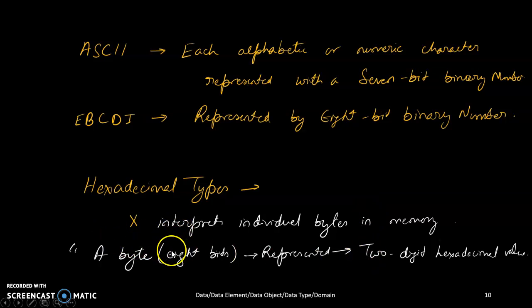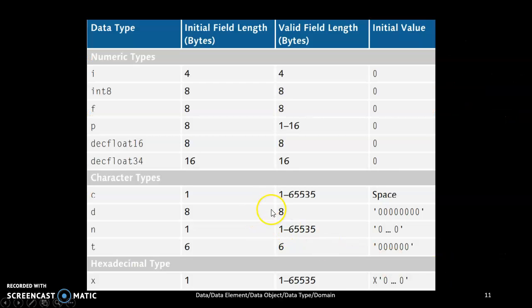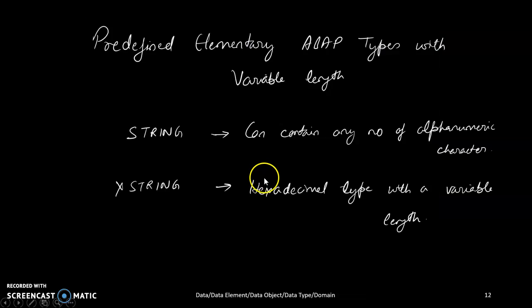Hexadecimal converts 8 bits to 2-digit hexadecimal values. This helps in converting numbers to hexadecimal, so that the hexadecimal number can be used to transfer data from the present work process to another work process or to communicate with an external source. So this is a summary of what we have discussed.